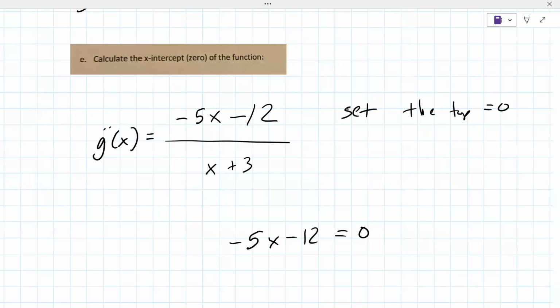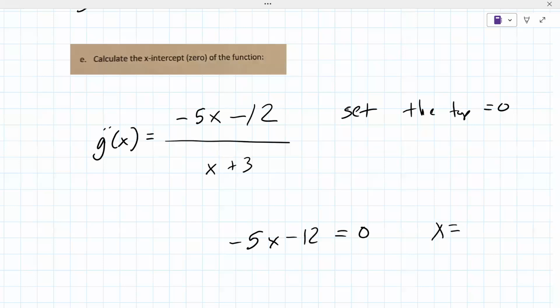Okay, so can you solve this for x, please? Plus 12, that's 12 on the other side from 0, and then divide by negative 5 and 12 divided by 5, I'll use my calculator. That's 2.4.